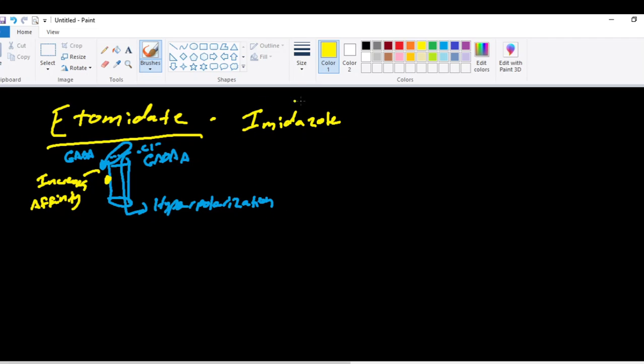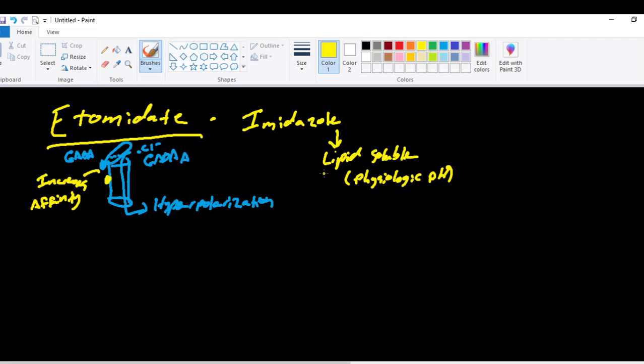And the reason why I'm bringing this up is because it is lipid soluble at physiologic pH.